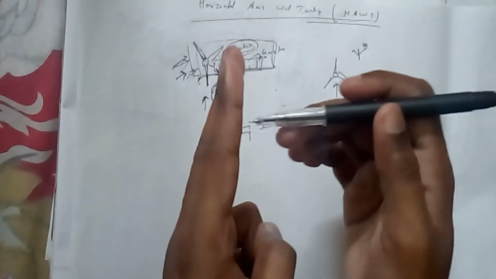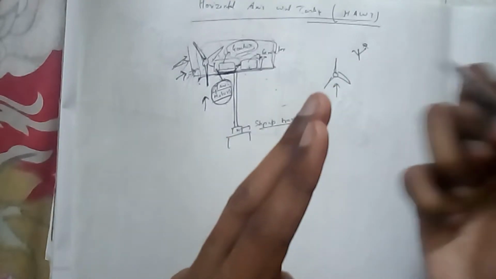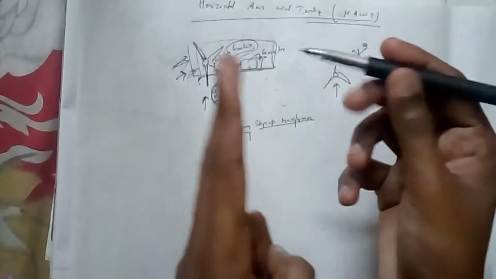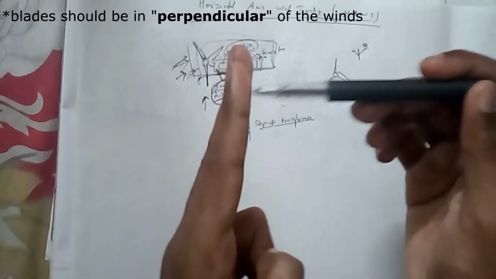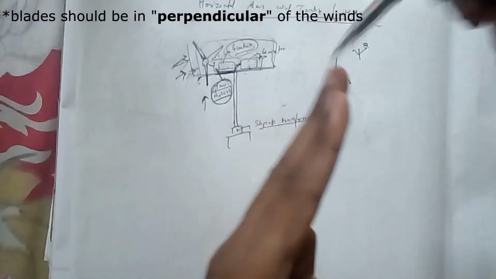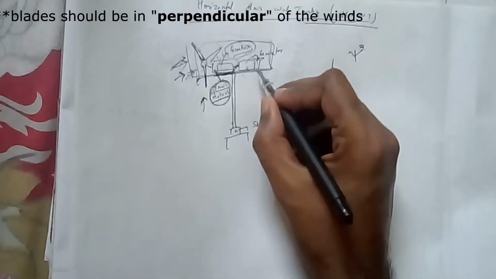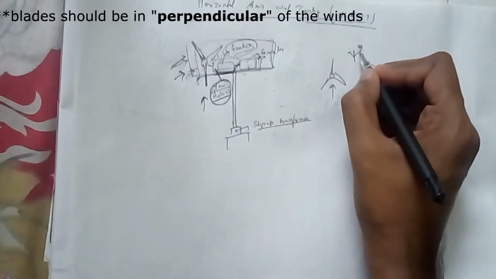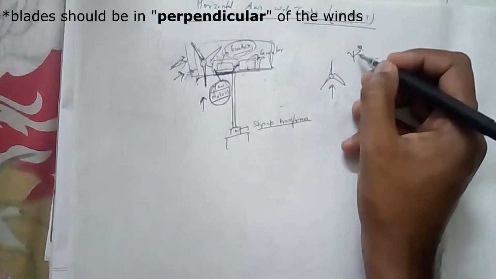The blades and the gearbox will extract the maximum amount of energy only when the wind strikes parallelly, like this. But suppose wind is striking like this, then the yaw motor works. There is a velocity direction measurement tool that measures the velocity, direction, and speed of the wind.